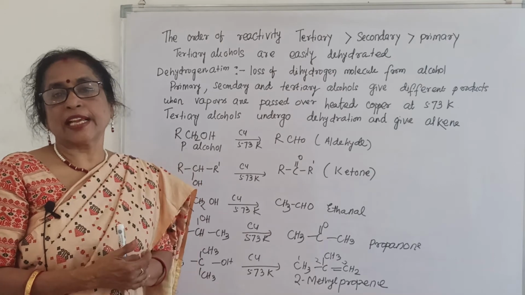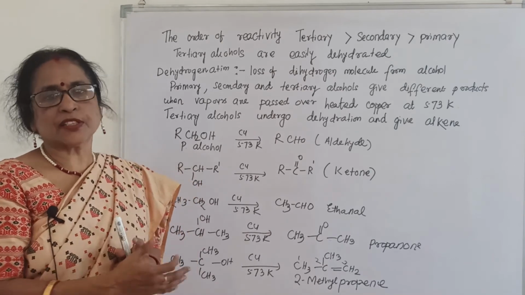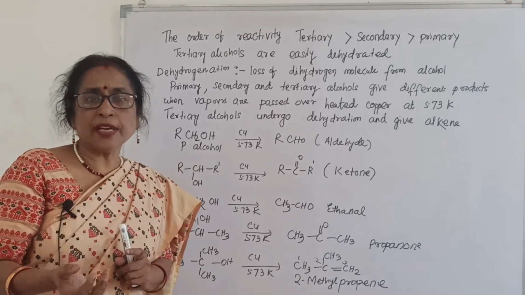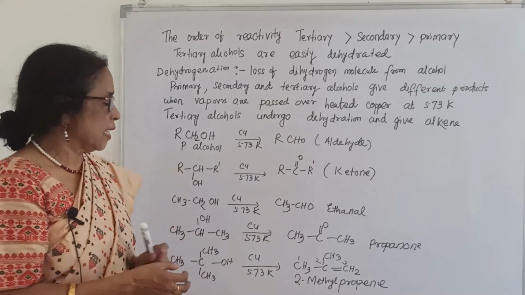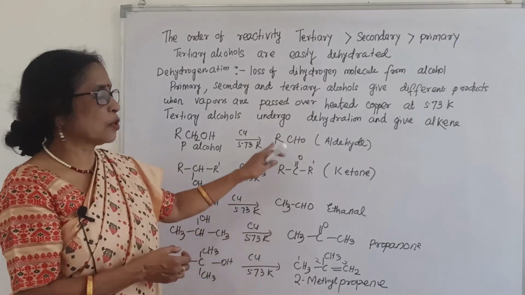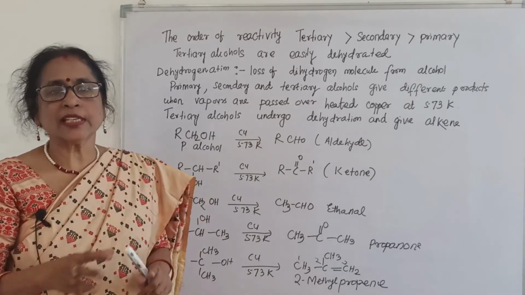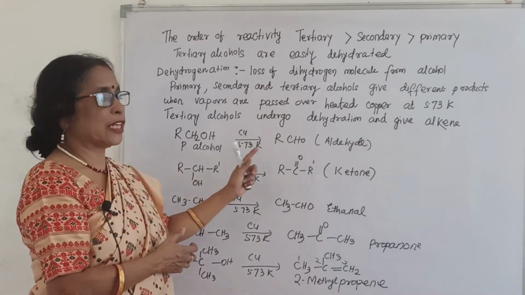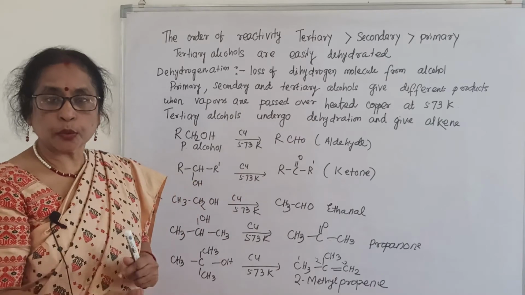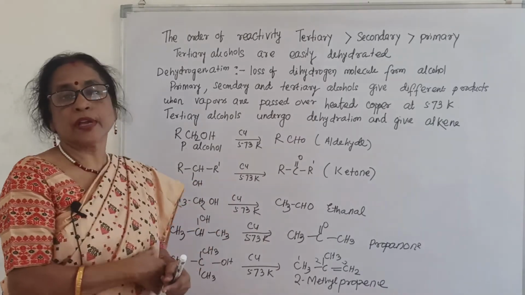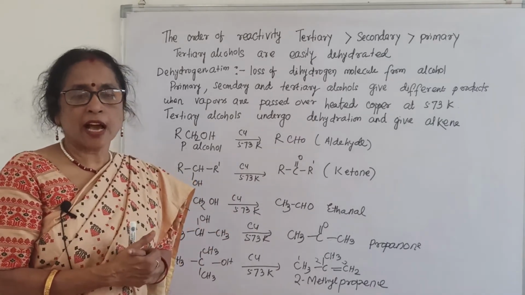So dehydration takes place. Dehydration means water is removed. Here water is removed, and in these two cases, primary and secondary alcohol, hydrogen gas is removed. So primary gives aldehyde, secondary gives ketone, and tertiary alcohol gives the corresponding alkene.